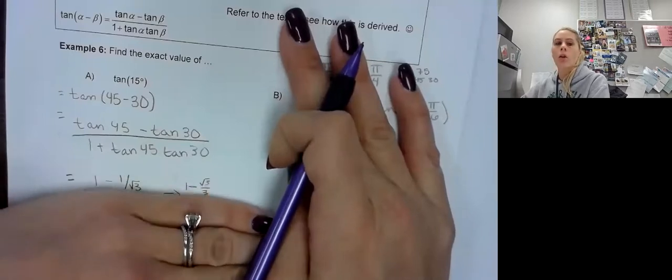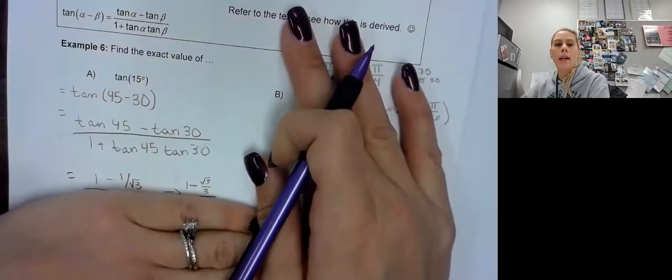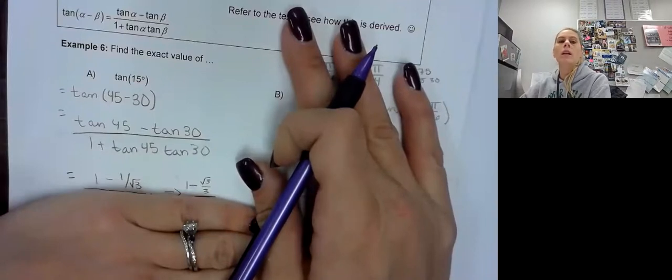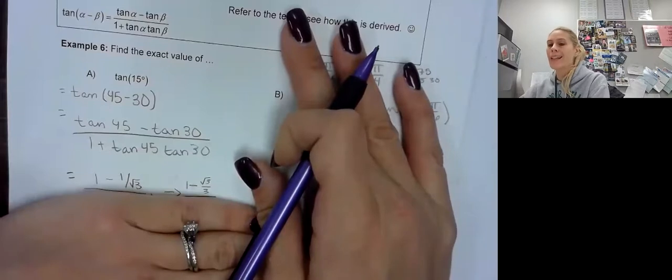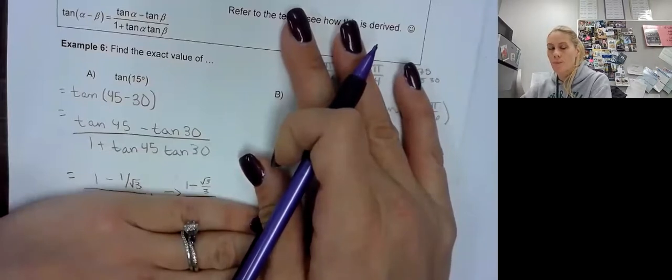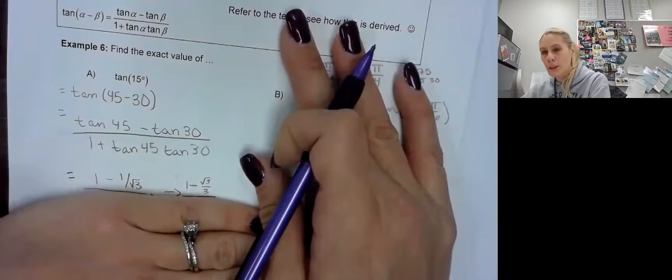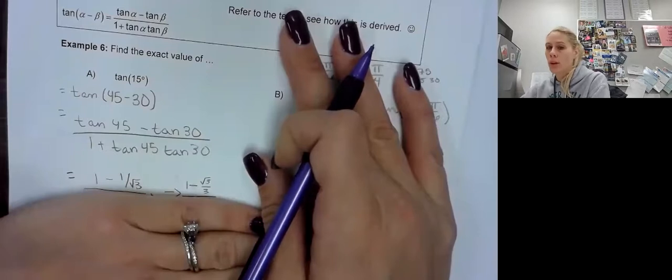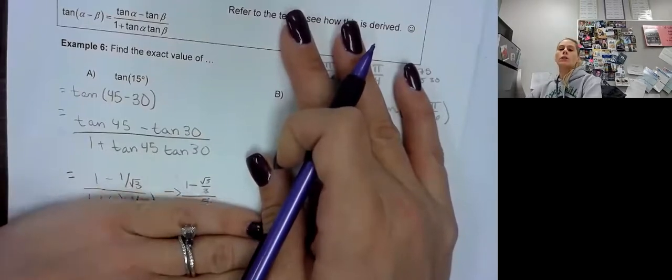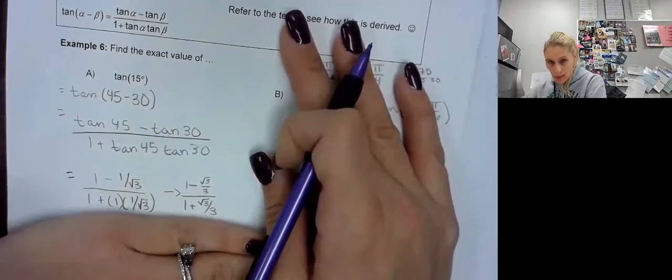If you remember that, tangent of 45 is going to be 1 minus tangent of 30, that's 1 over the square root of 3. You also have to simplify that out. So that's why I got rid of the square root in the denominator. You get 1 minus the square root of 3 over 3.